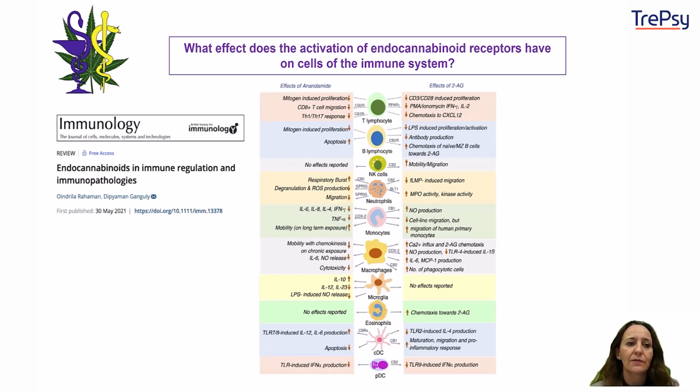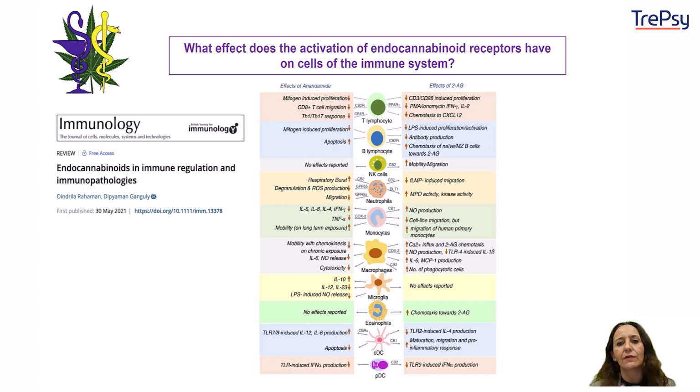So in this review, we can see that endocannabinoids are in charge of immune regulation and immunopathologies, and this is a very, very relevant review in the case of the immune system and the effects of the endocannabinoid system. On the left, we can observe effects of anandamide, and on the right, we can see the effects of 2-AG.